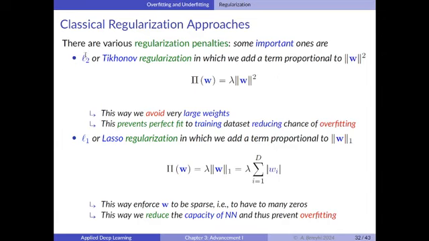As you can see, in L2 or Tikhonov regularization, we add a term proportional to the squared norm of W. By proportional, I mean we add a multiplier lambda, which can be, for example, 1/2 or anything you consider, but it's not really important. The important thing is that we have this term.